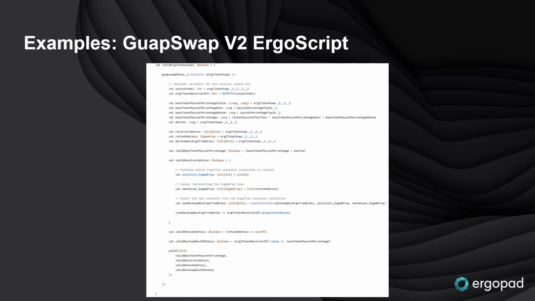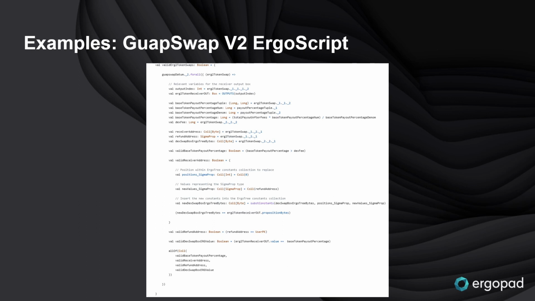So the important takeaway from this is not how GuapSwap works exactly, but how to write more complicated propositions, and more advanced global methods that let you do more complicated things like substitute constants.